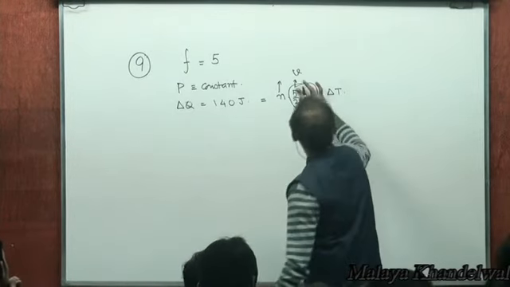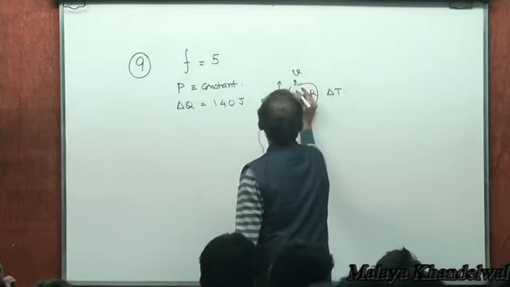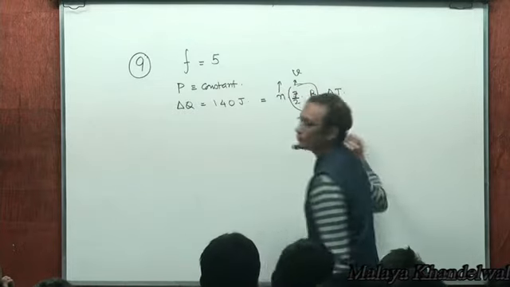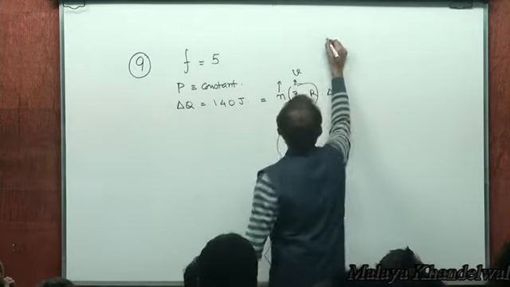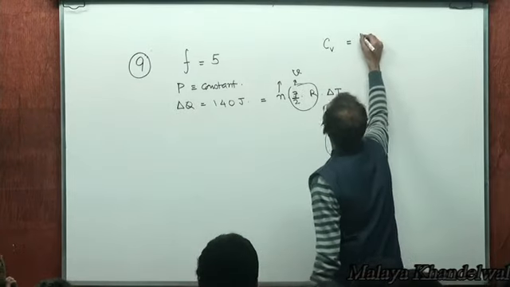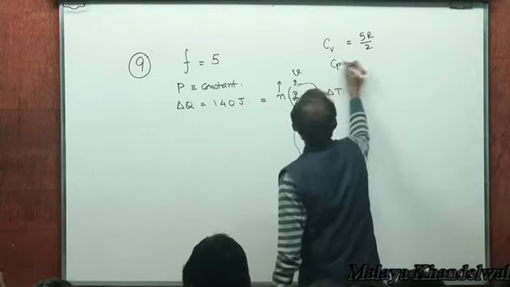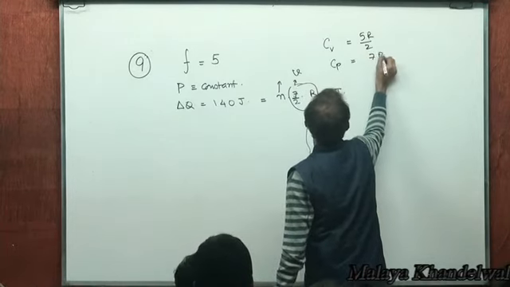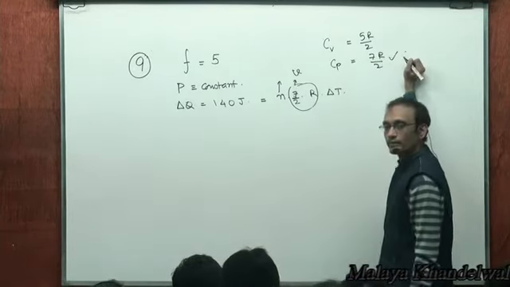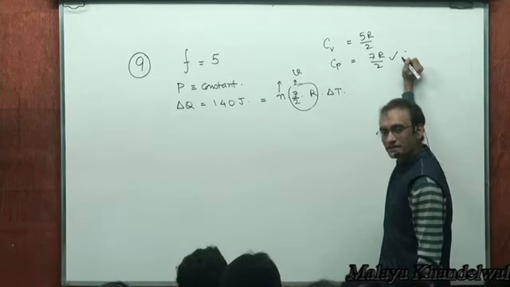Or, sorry, 7 by 2. Because Cv is 5R by 2. Therefore, Cp would be R plus Cv, which is 7R by 2. Yes or no? For a diatomic gas?